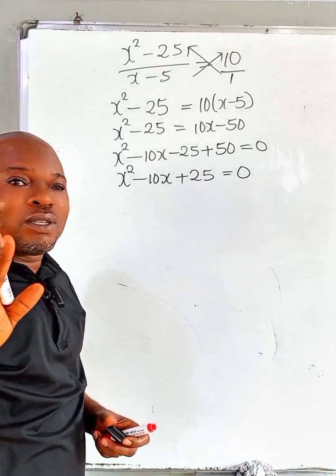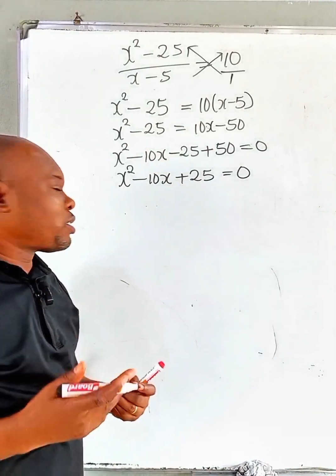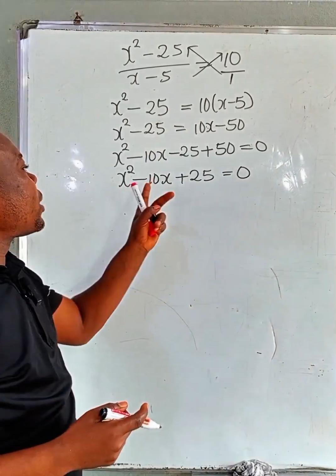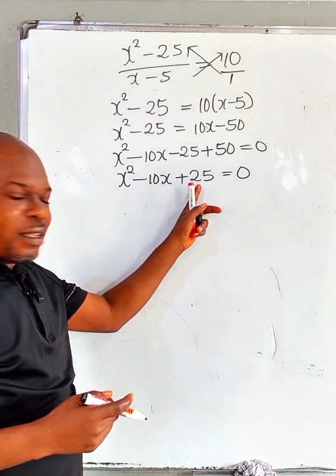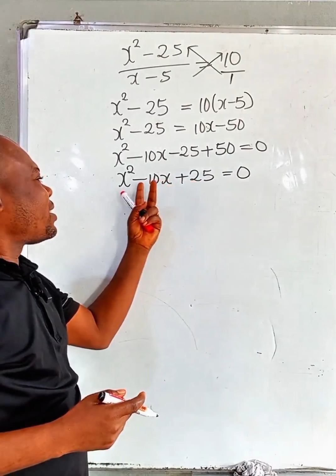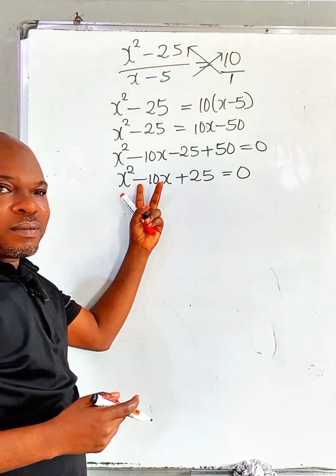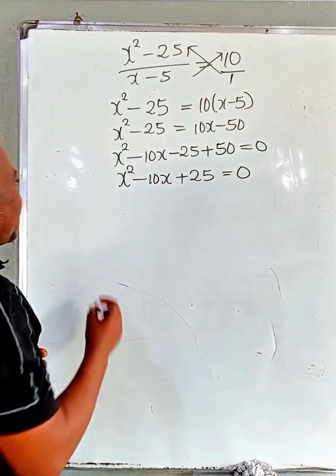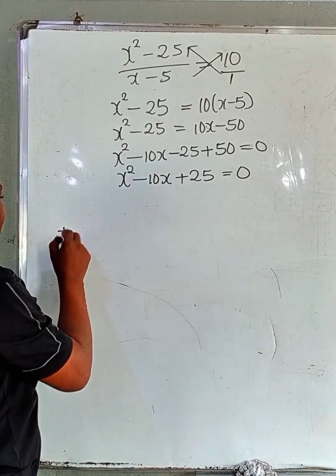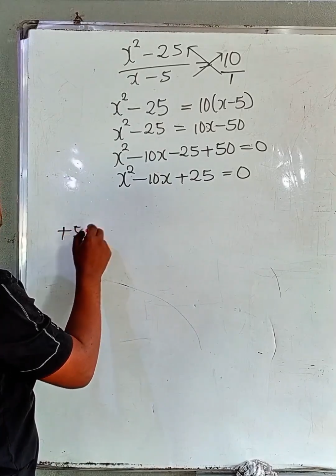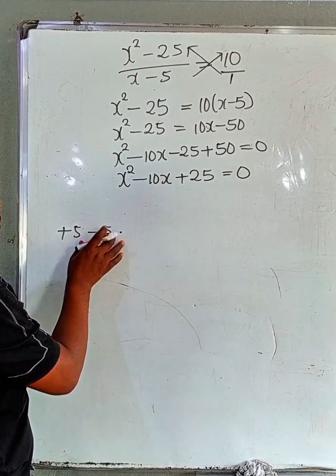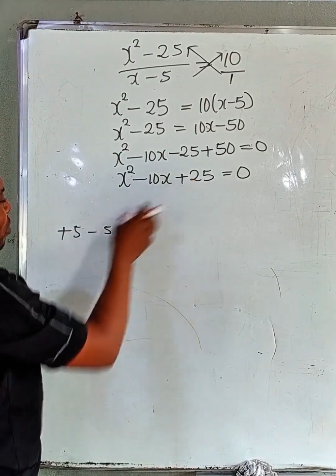We're going to be using the factorization method to resolve it. We look for numbers that when we multiply will give us 25, and when we add them will give us negative 10. We go by plus 5 and minus 5, but this will give us negative 25, which means it is out.